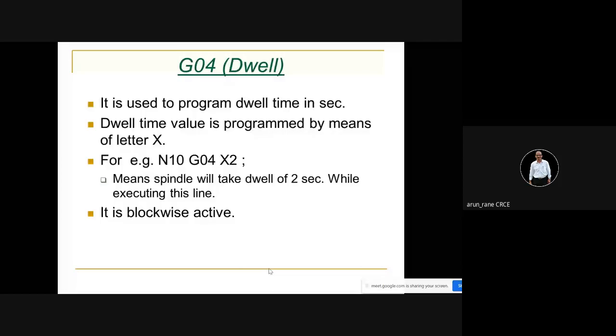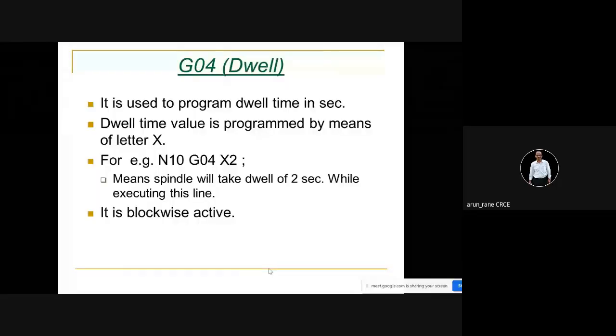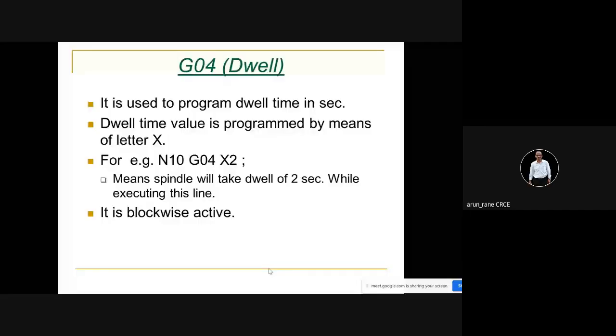Like suppose you have done a reaming, at the end of the hole, you will give say G04 X5. So it will rotate with no axis motion. It will keep on rotating for 5 seconds. Then afterwards in the next block, obviously you have to retract the reamer, isn't it? So you will simply say G01 W5, isn't it?